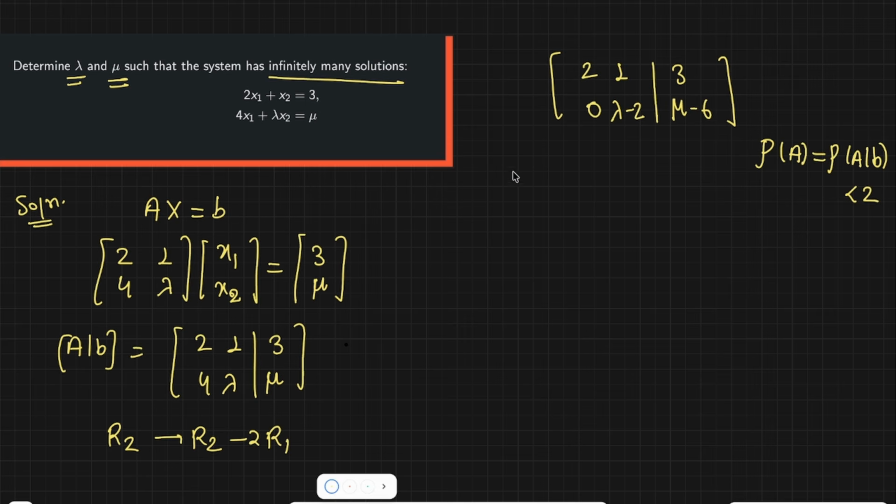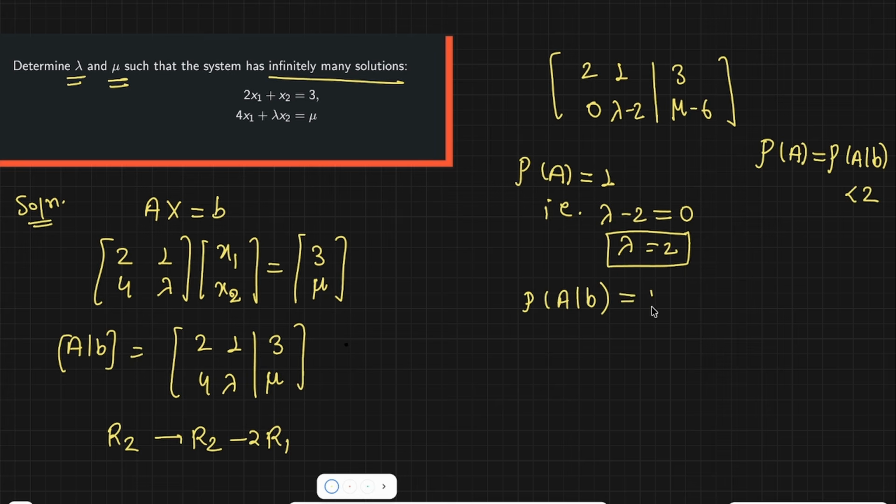So rank of A is 1, which means lambda minus 2 is equal to 0, and lambda is equal to 2. And the rank of AB is also 1. For both cases, lambda is equal to 2 and mu minus 6 is also 0, so mu is equal to 6. This is the value of lambda and mu for infinitely many solutions.